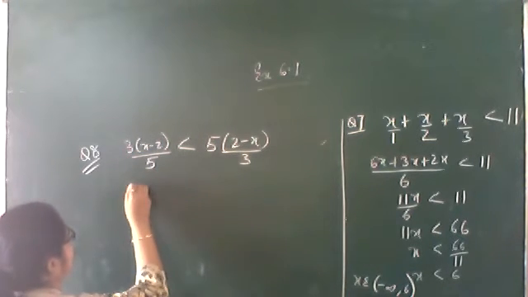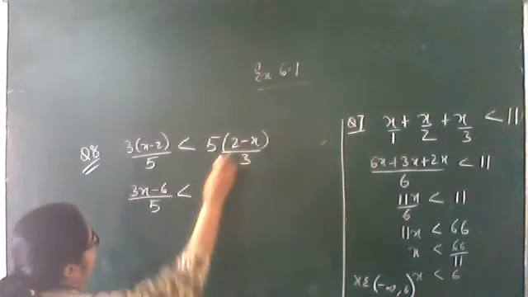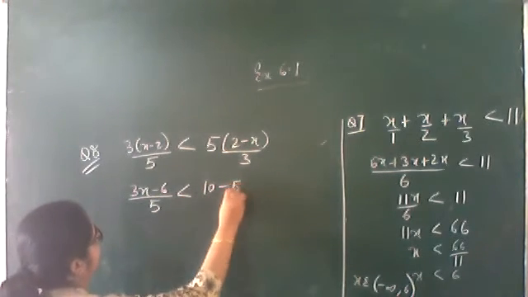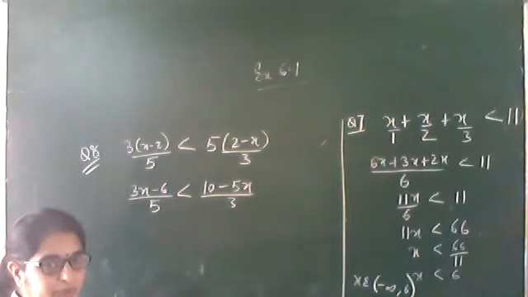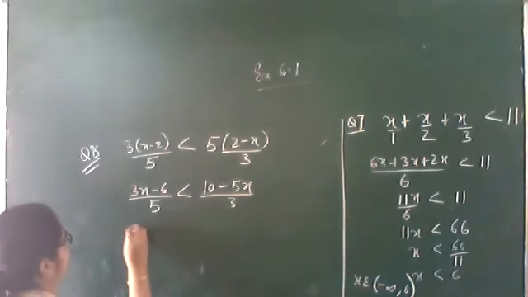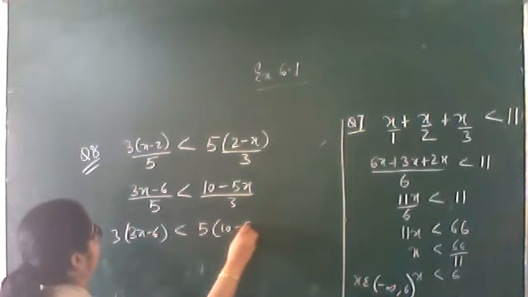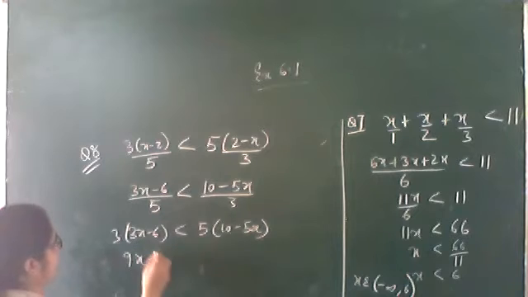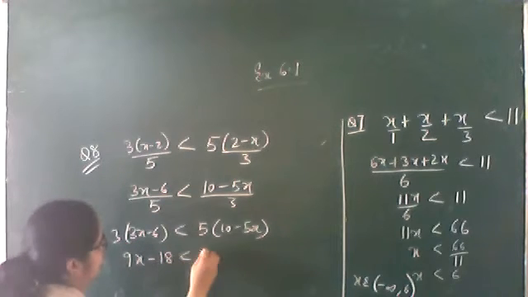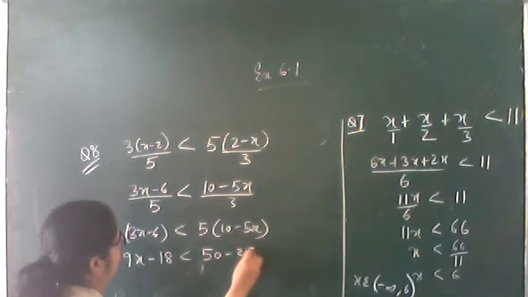3 into x is 3x minus 6 upon 5 is less than or equal to 5 twos are 10 minus 5x upon 3. Now cross multiplication, like we used to do with the equal to symbol, 3 into this. So (3x minus 6) into 3 is less than 5 times (10 minus 5x). Clear? So what you will have: 9x minus 18 is less than 50 minus 25x.